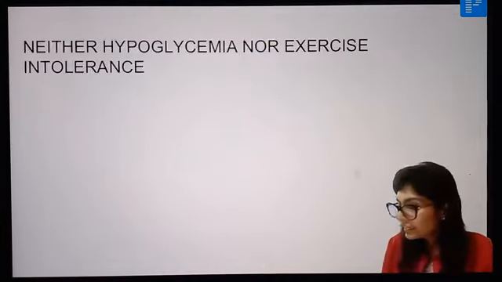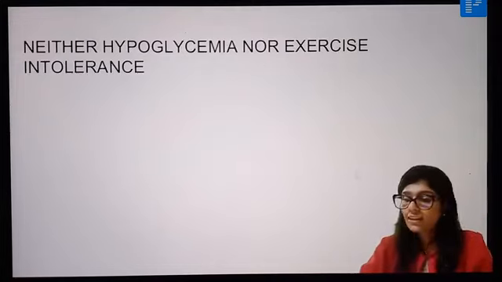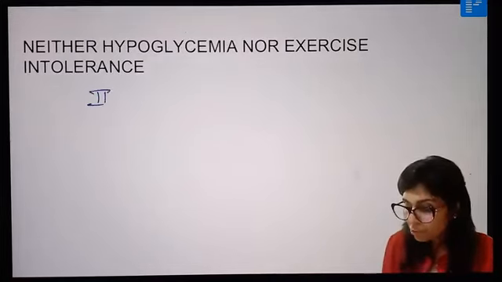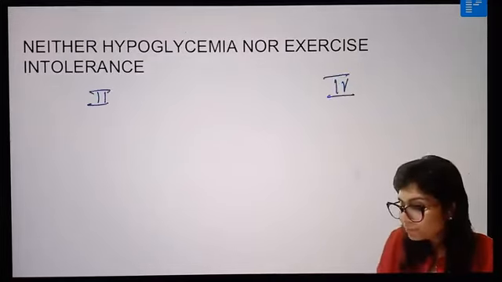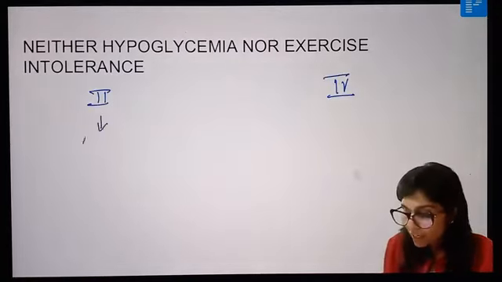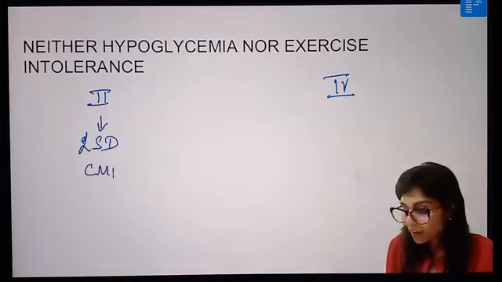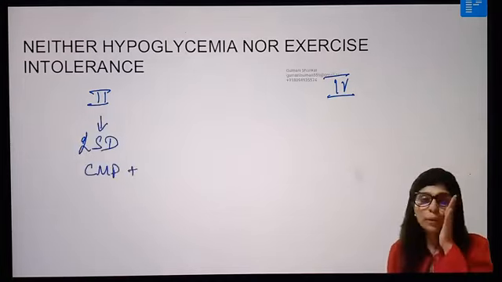Finally, neither fasting hypoglycemia nor exercise intolerance, that is type 2 and type 4. Right? Type 2 and type 4. What is type 2? Lysosomal storage disorder, which presents with cardiomegaly and cardiomyopathy.